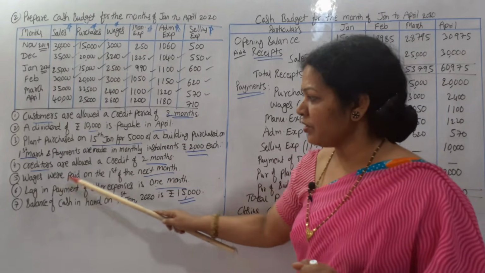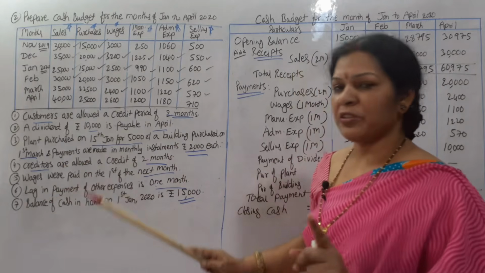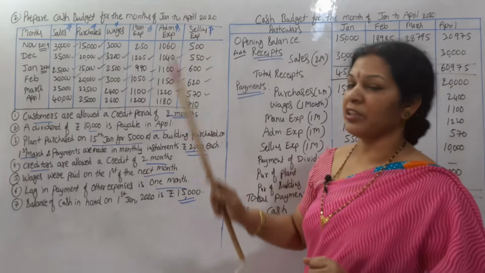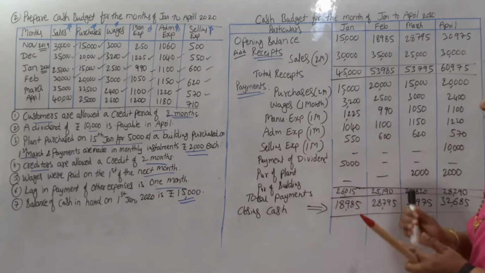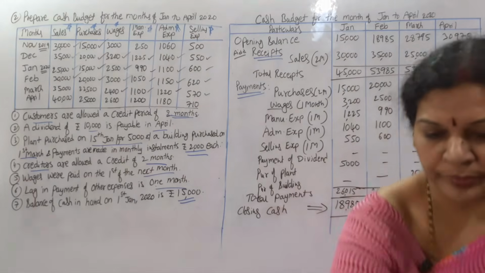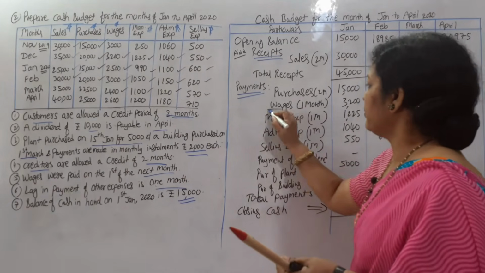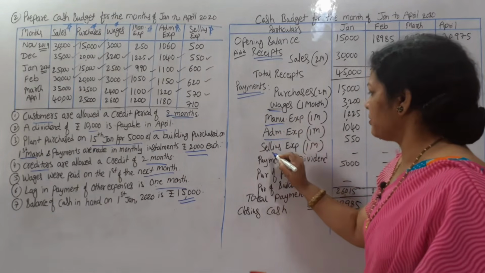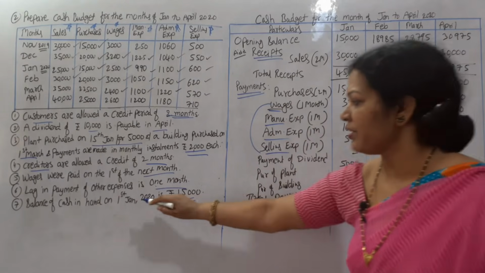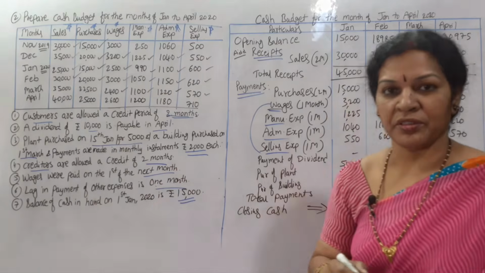Okay. Wages and other expenses 1 month delay. Wages, manufacturing expense, administrative expense, selling expense. All these 4 are 1 month delay as they said in the 6th point.